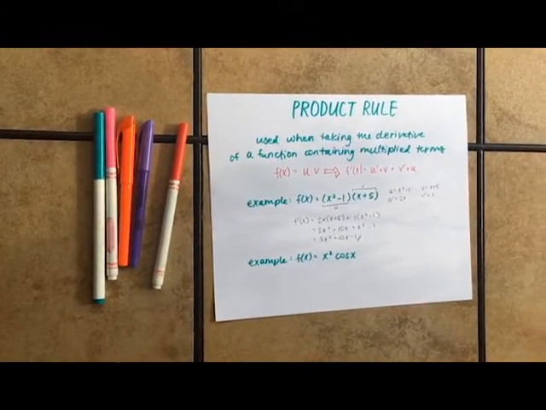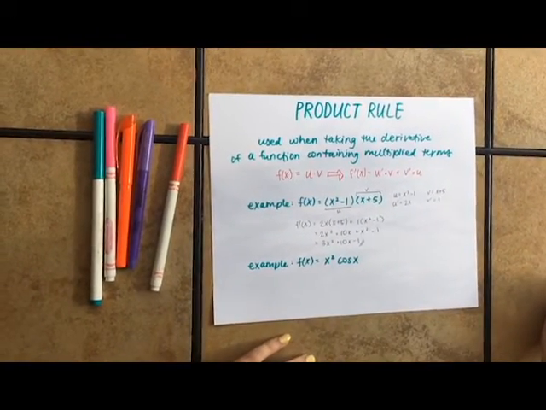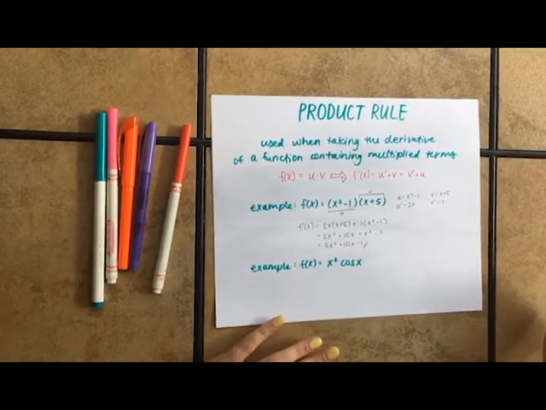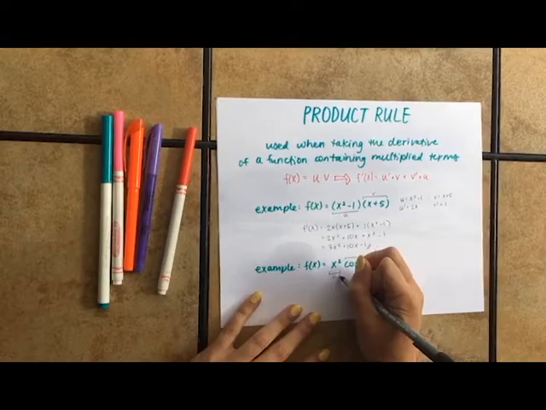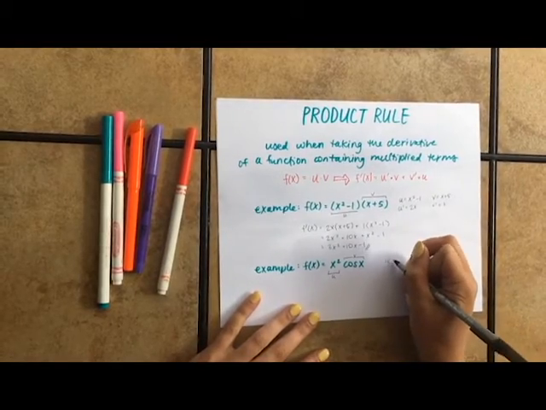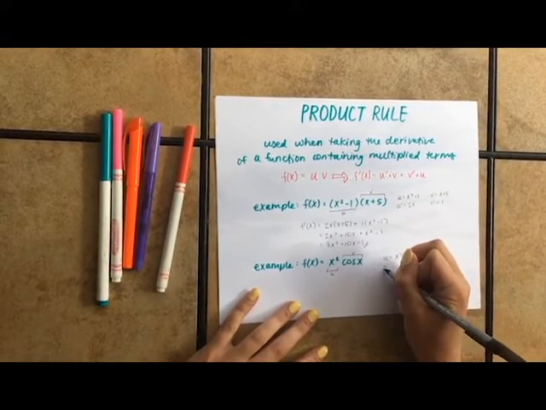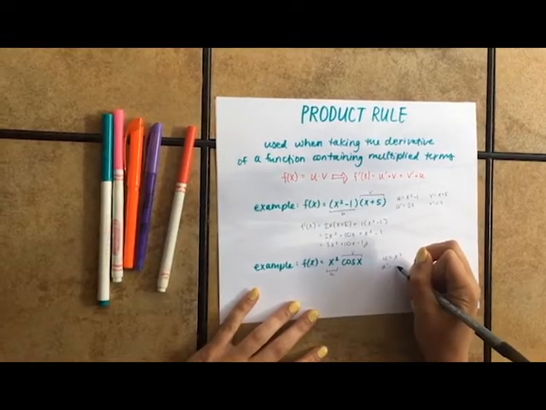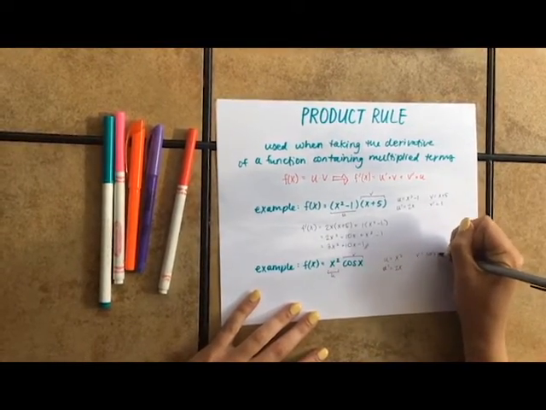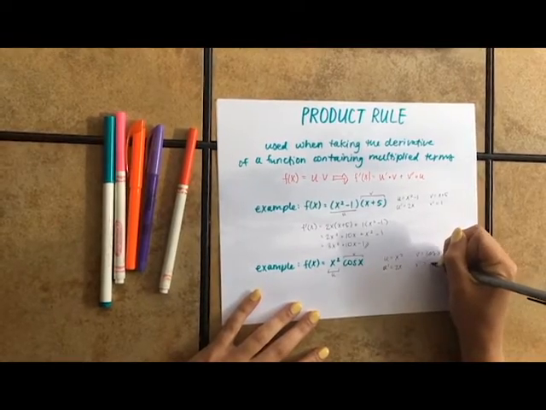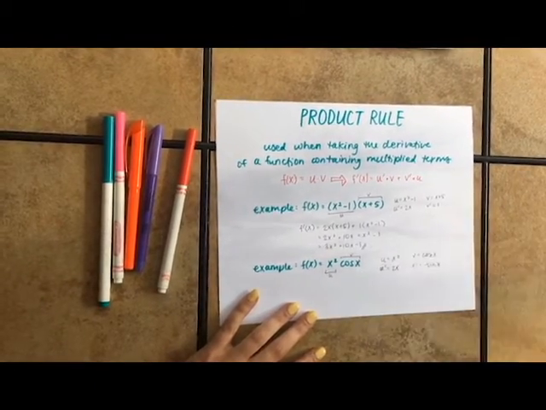And into our next example, our function is x squared times cosine of x. So breaking these back into u and v, our u function is x squared and the derivative of u is 2x. For v, it's cosine x, and v prime is negative sine x.